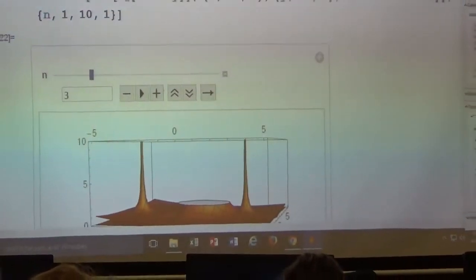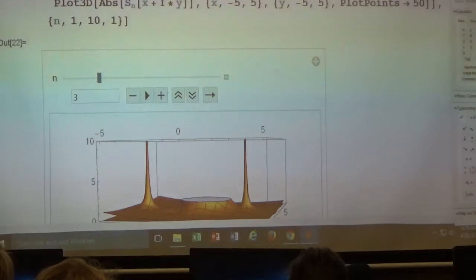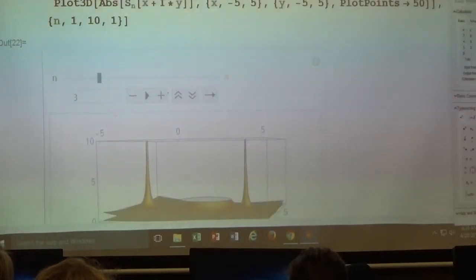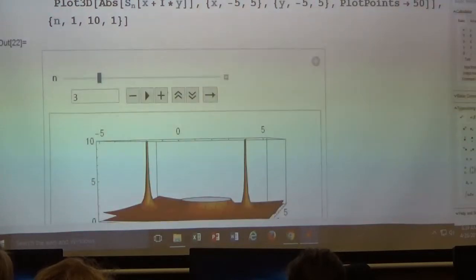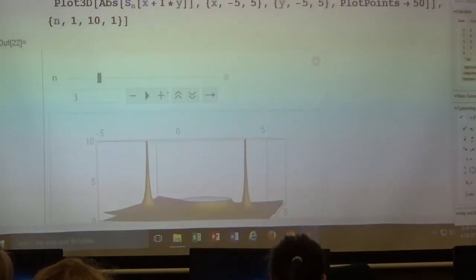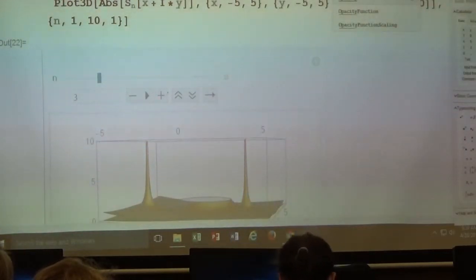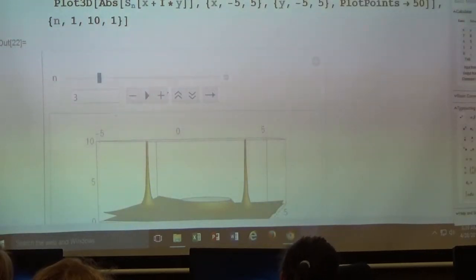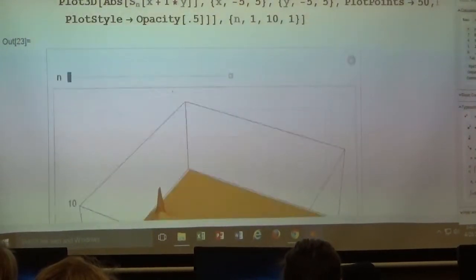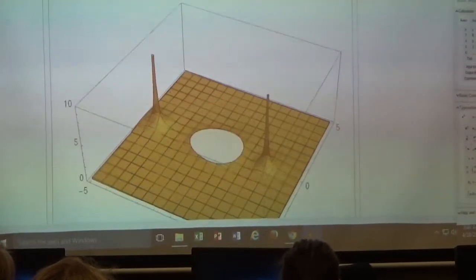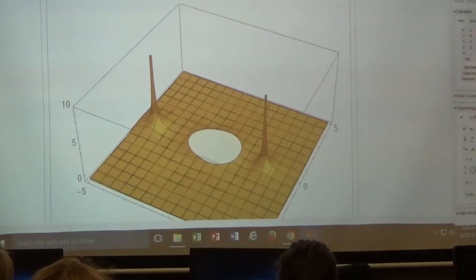Let's try making them somewhat opaque. What is that? Opacity, I think is the name for that. Plot style, Opacity. They are both somewhat see-through.